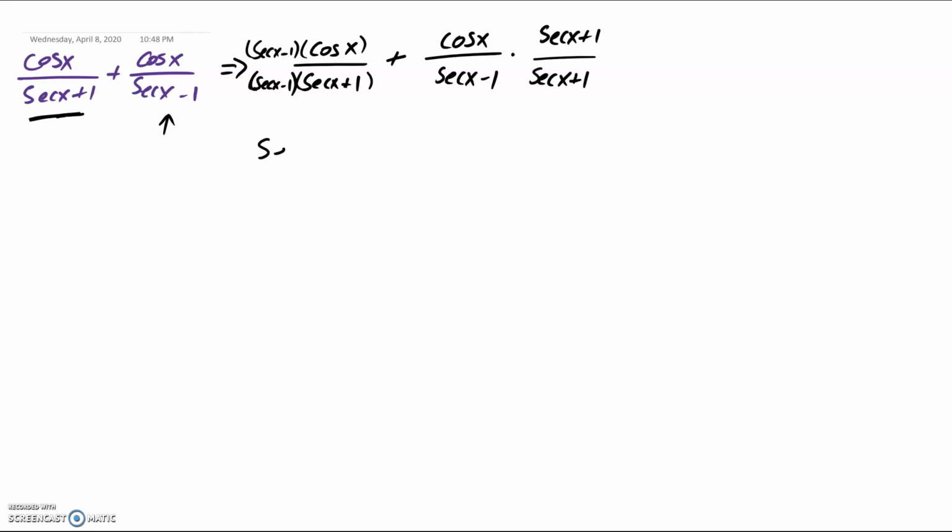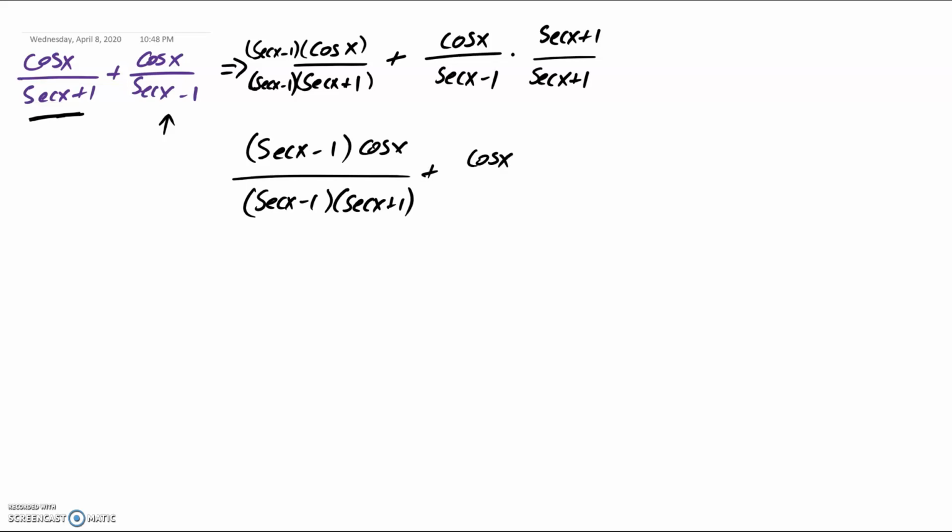It's going to be secant x minus 1 times cos x over secant x minus 1 times secant x plus 1, plus cos x times secant x plus 1 over secant x plus 1 times secant x minus 1.